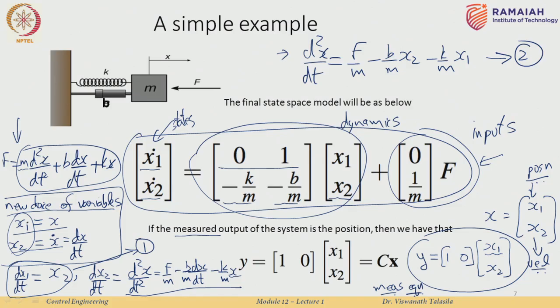In this case I had a second order differential equation, so I am taking two variables. These variables are called the states. Once you make a choice of these two states, the idea is to relate the states with each other, and then you start to get these dynamics. And finally, as I said, for analysis and for control, we need to make specific measurements. So you introduce a measurement matrix as well, and you get this structure. We will see the more formal version of this soon.